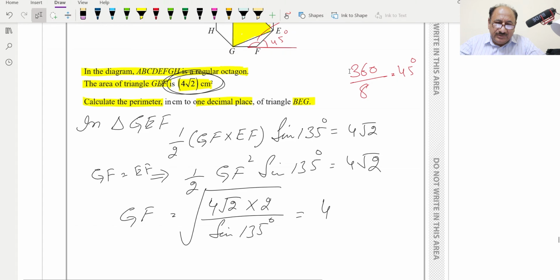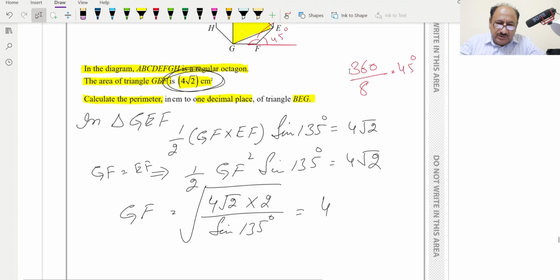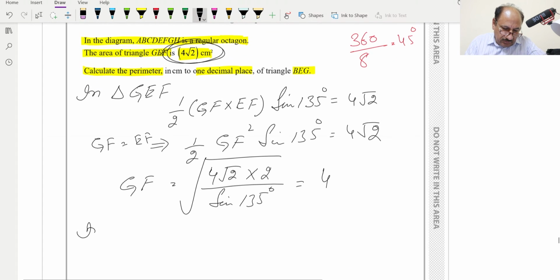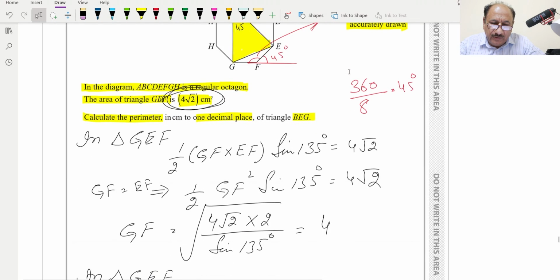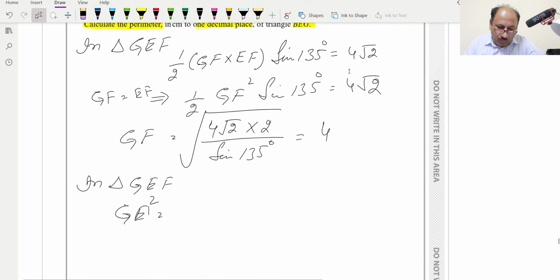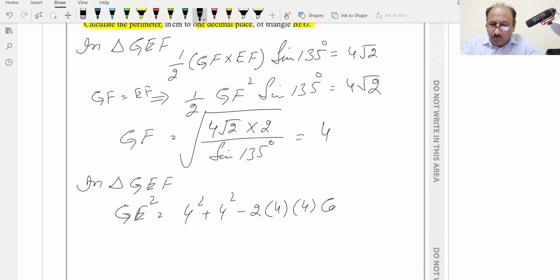In triangle GEF, GE square is equal to, applying the cosine rule, one side is 4, so 4 squared plus the other side is also 4 squared minus 2 into 4 into 4, one side into the second side, into cos of angle 135 degrees.